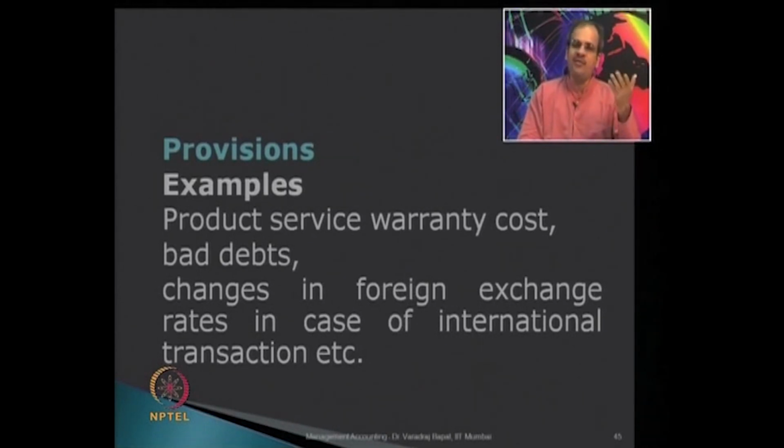Naturally, the manufacturer does not know the likely repair cost in those 3 years. So, based on past data, the manufacturer makes an estimate of the likely cost of giving the warranty and makes the provision for it. That is why a provision is required for product, service, warranty cost.